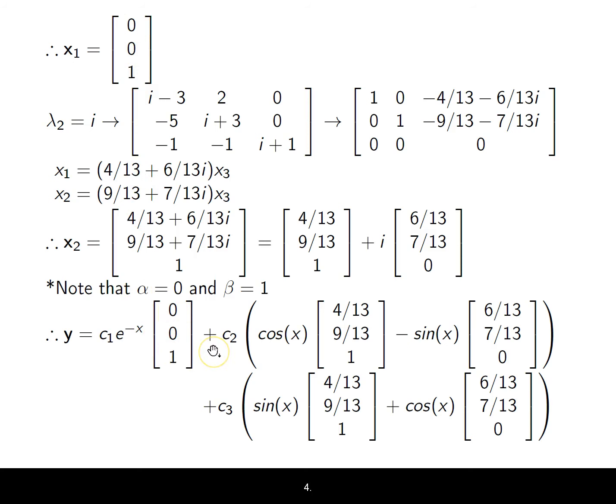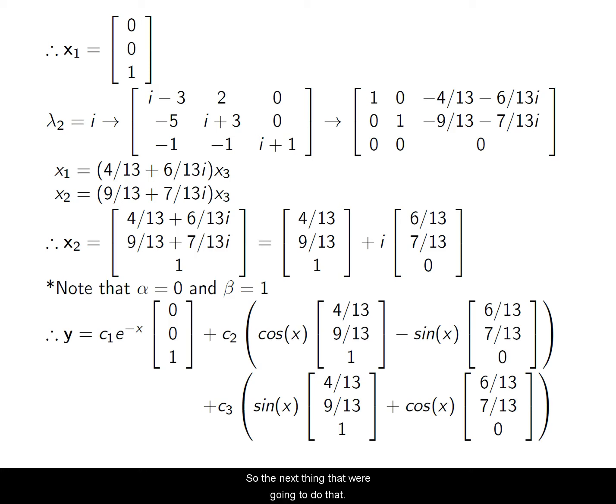For x2, my imaginary one, there is no e here because alpha is 0. Beta is 1, so it's just cosine x, sine x, sine x, cosine x. And I very nicely put it in the order, top and bottom, cosine and sine, sine and cosine. So it looks like this: the real part, imaginary part, real part, imaginary part. I really just threw everything in where it's supposed to go.